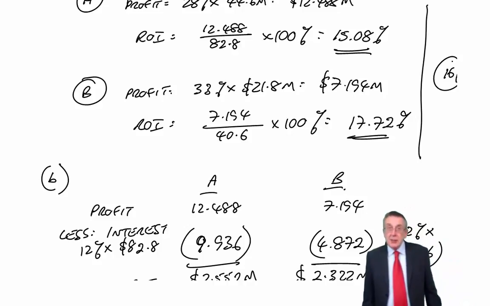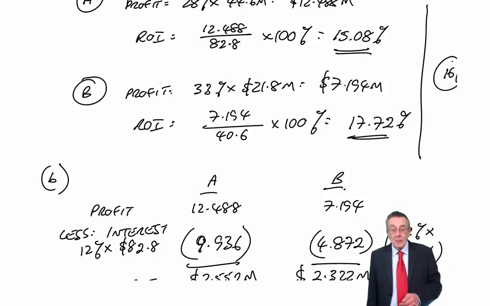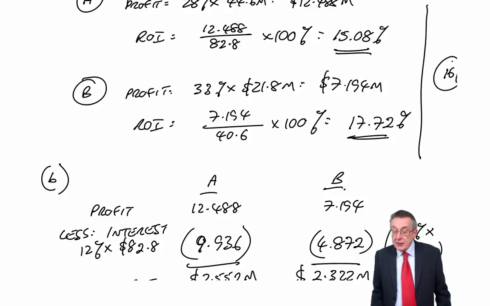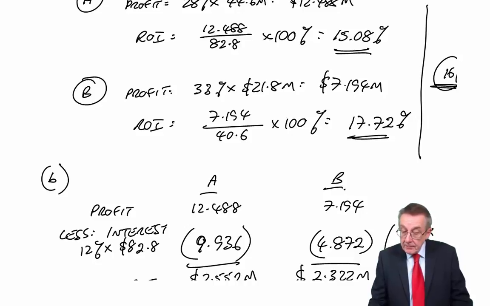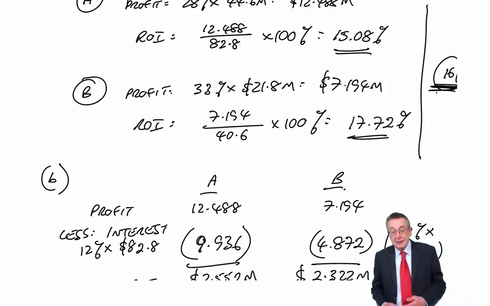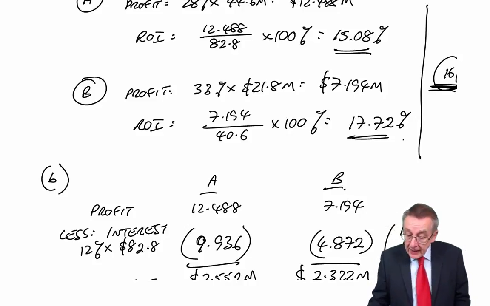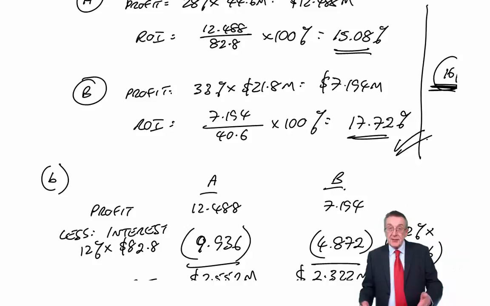And if managers are being measured on return on investment, when they make any decisions, they're only going to be interested in projects that will give them more than 16%, improve their return on investment. And so B, no problem. They'll accept this investment because it gives 17.7.